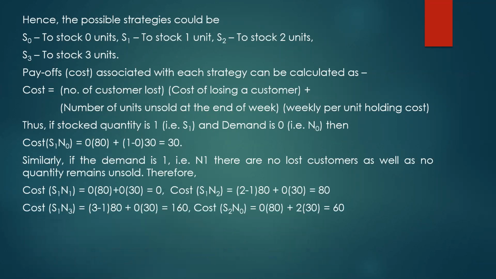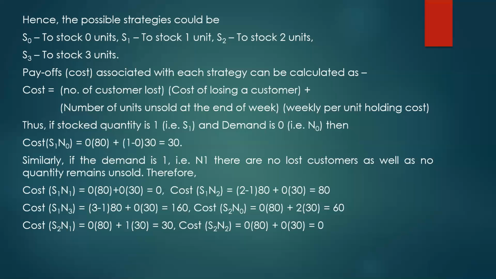These are my other calculations, so please go through them. If you have any doubts, you can ask me, or else I'll just move ahead. Fine. So I think how to calculate the cost is clear.